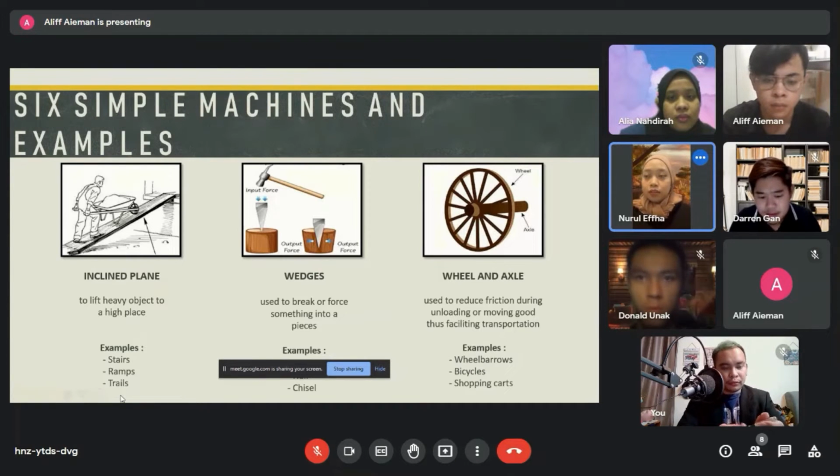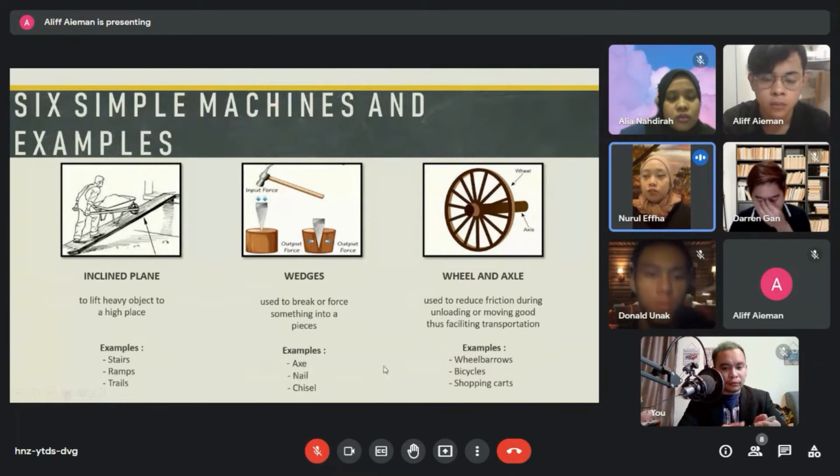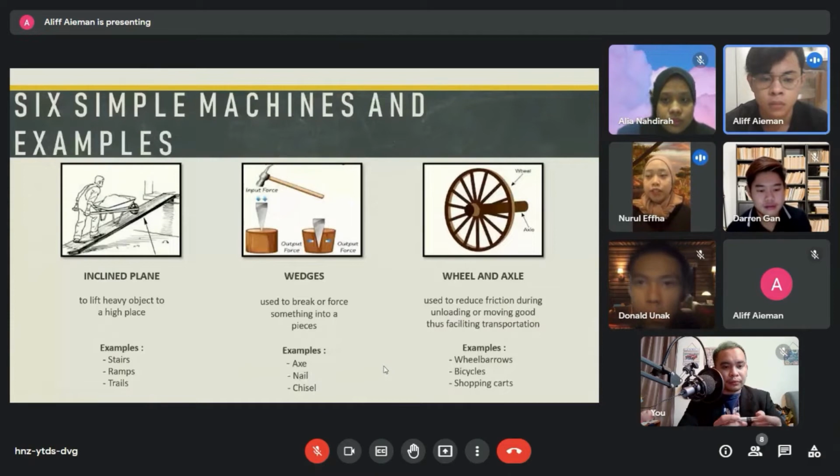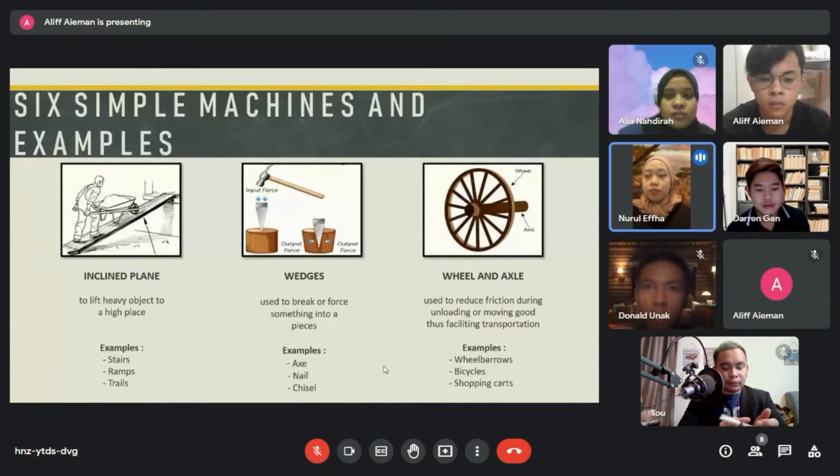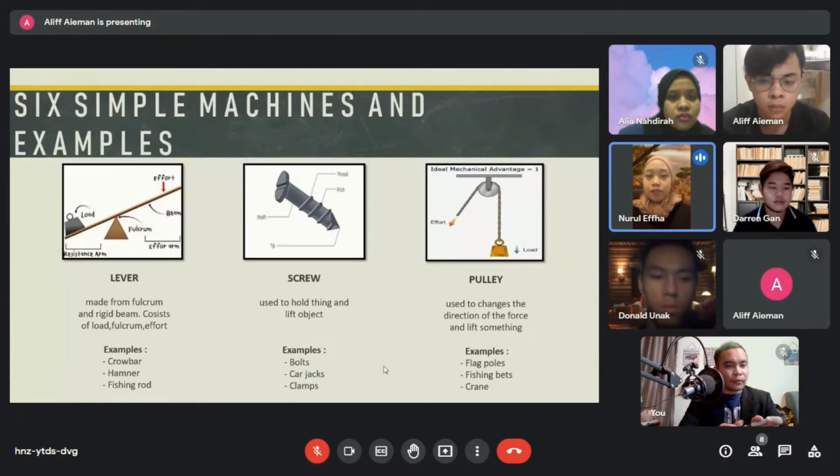Okay, next is wheel and axle. It is used to reduce friction during unloading or moving goods, thus facilitating transportation. For example, wheelbarrow, bicycle, and shopping cart.